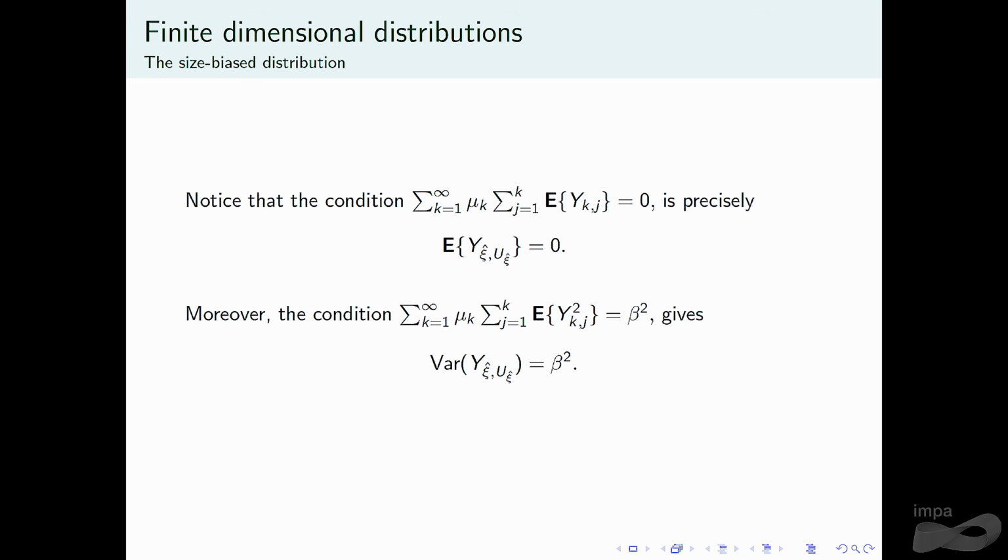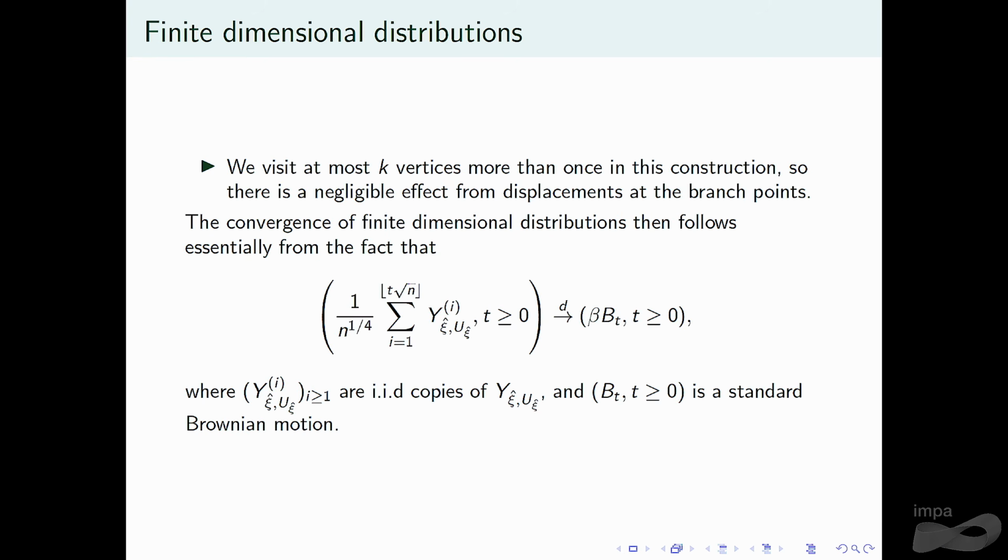So we now have IID random variables that are centered with finite variance. The only last piece that we need to consider is the effect from the branch points. Things behave a little bit differently when we graft things on for the second time at a vertex. That causes a little bit of trouble, but in fact, we visit a vertex at most finitely many times, and so this has negligible effects.